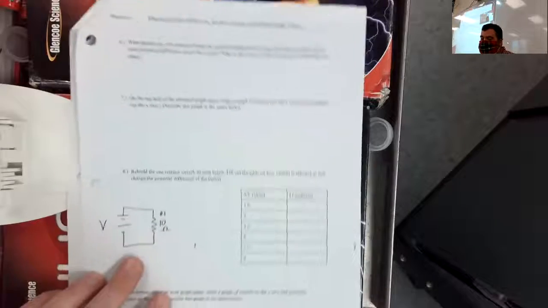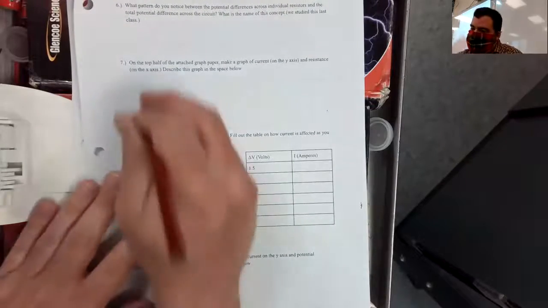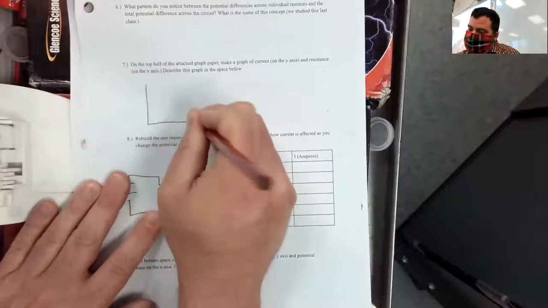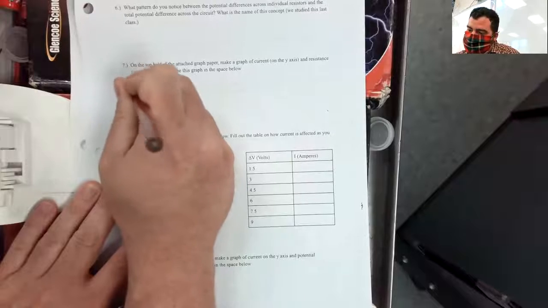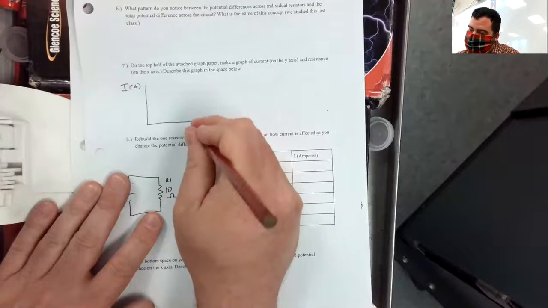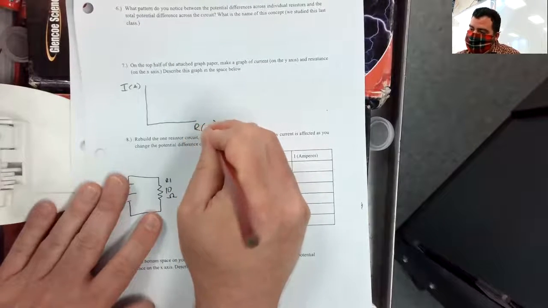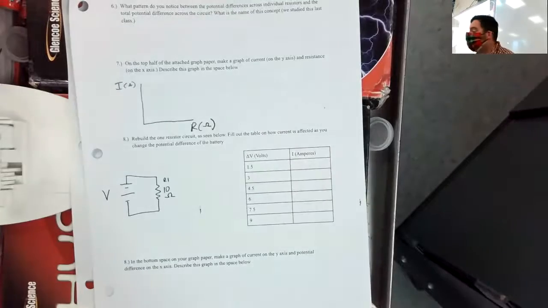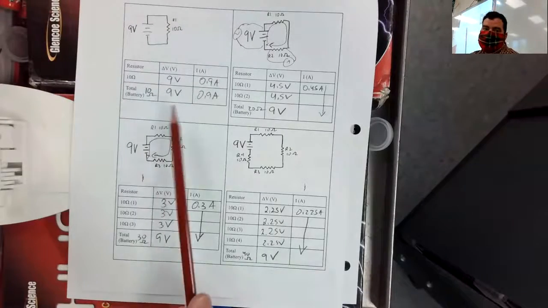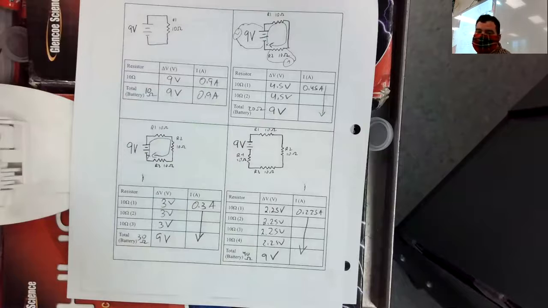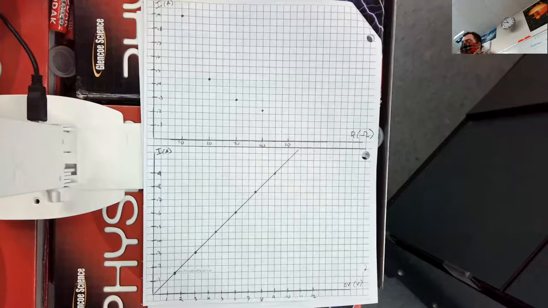So that's what I would like you to graph in number 7. I want you to make a graph that has current in amps on the y-axis and resistance in ohms on the x. And you're going to get the resistances by using the total. So as we look at our graphs, notice I drew a best fit line on this one.